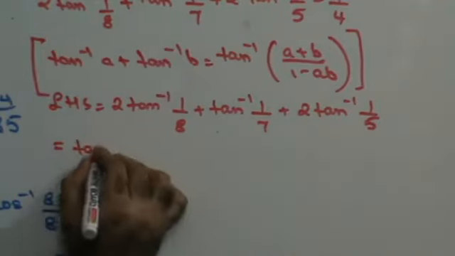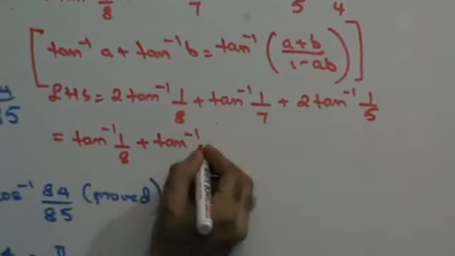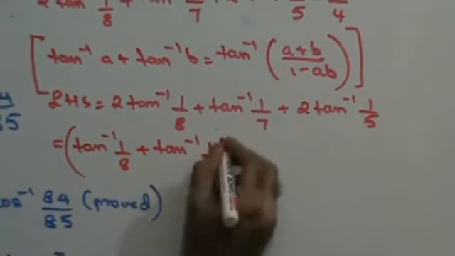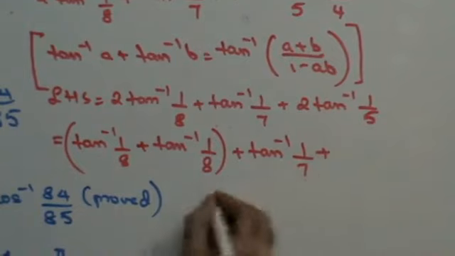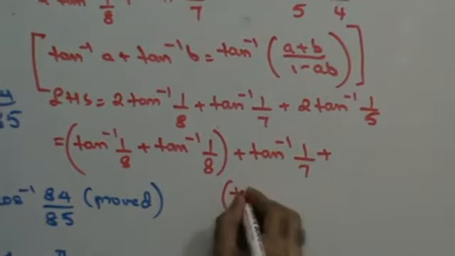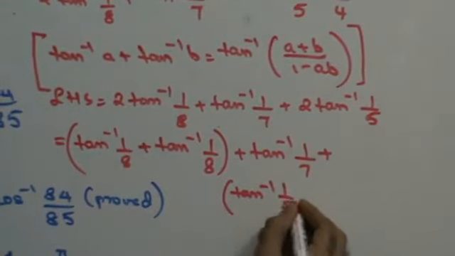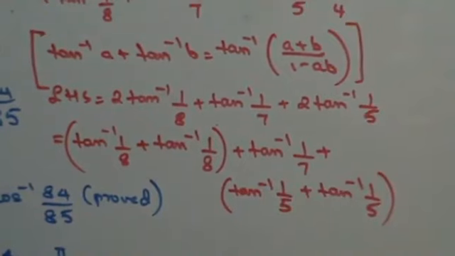Similarly, this could be written as tan inverse of 1 by 8 plus tan inverse of 1 by 8 plus tan inverse of 1 by 7 plus twice tan inverse of 1 by 5, which can be written as tan inverse of 1 by 5 plus tan inverse of 1 by 5.